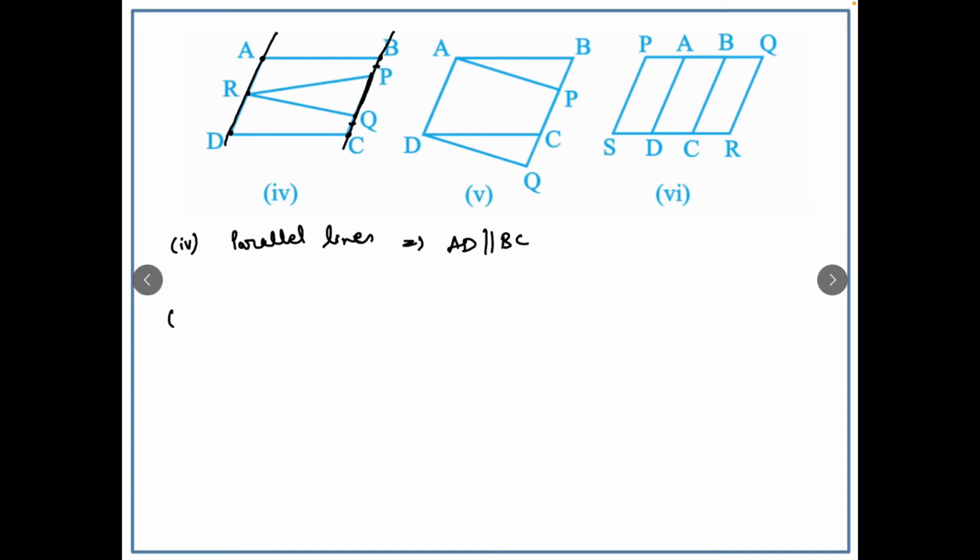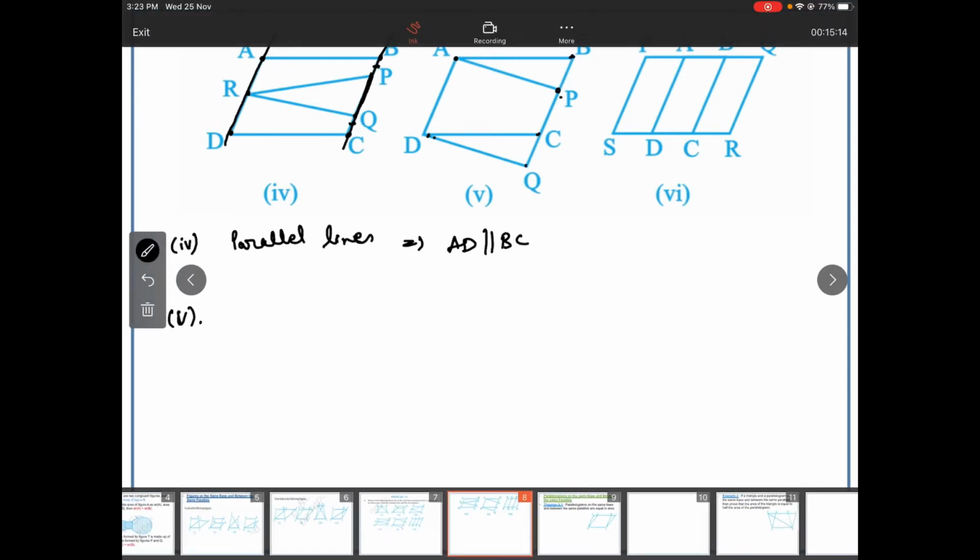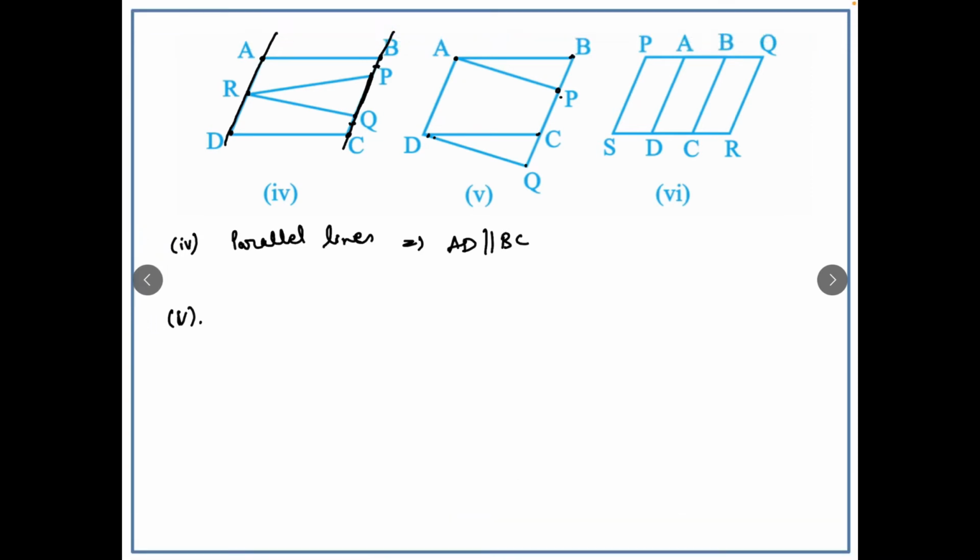Now let's see figure number 5. Here we have two trapeziums. First is trapezium ABCD, and the second one is ABQD.